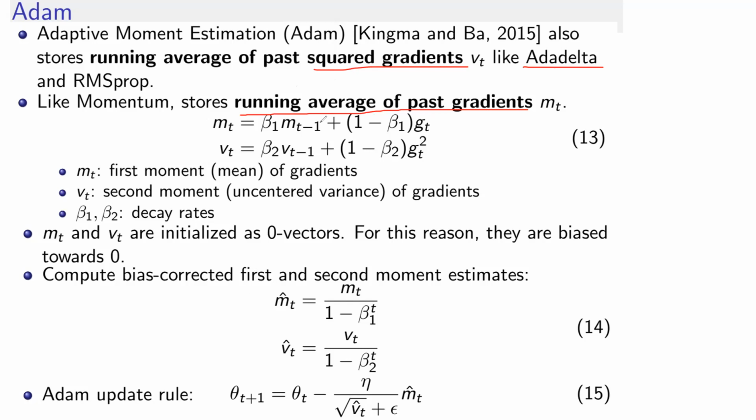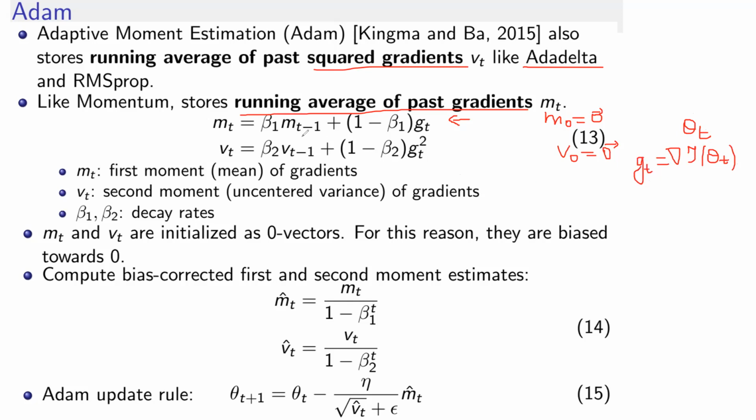So what we do is we store momentum. First momentum m0 will be a 0 vector, and v0 will also be a 0 vector. Then when you calculate the new gradient for a new value, so you are at the point theta t, you calculate the gradient of our loss function g at theta t, and you store it as gt.